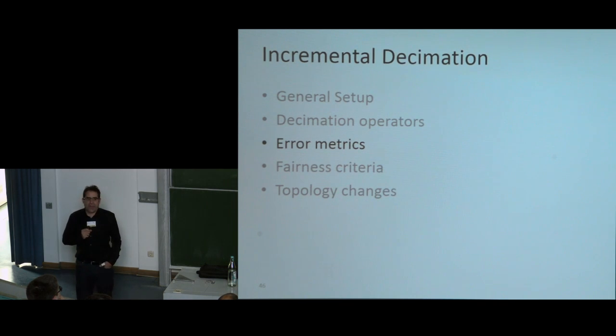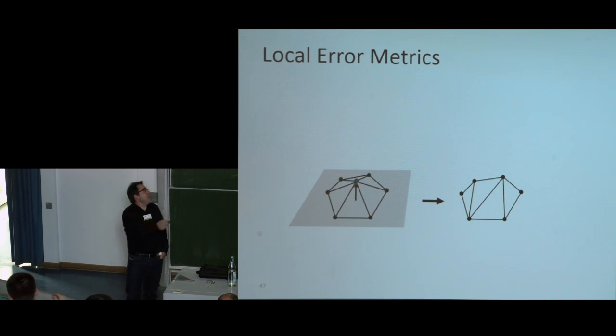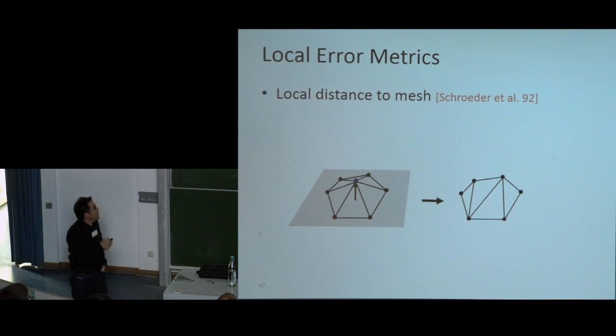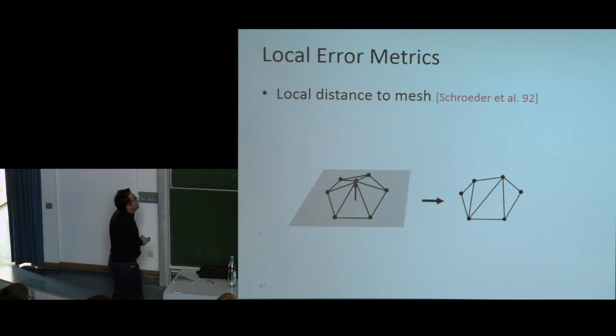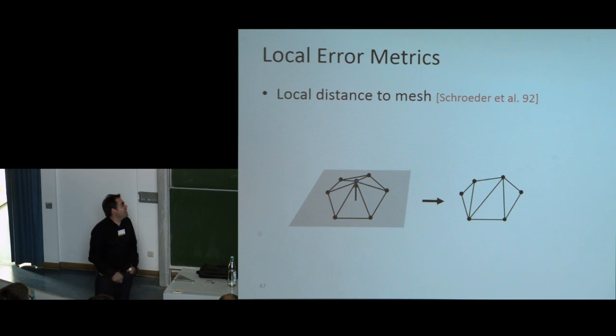Now, in terms of error metric, I go quickly, but now I want to spend more time on these metric issues. The first idea, a long time ago, was the local distance to the mesh, which was approximated as follows.